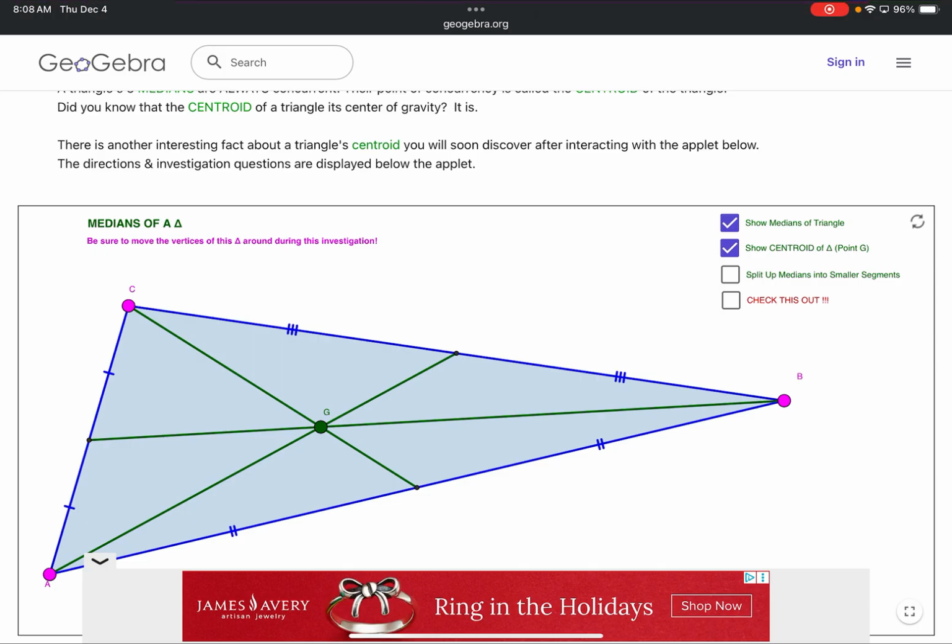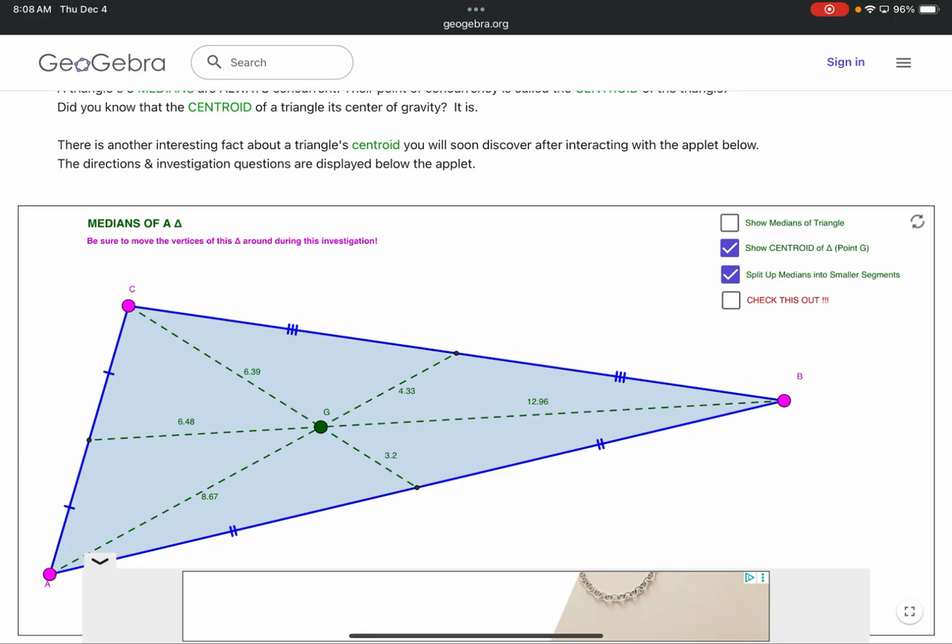And now I'm going to measure each segment that I have here. I'm going to measure this one, and basically my centroid to the outside of my triangle. I'm going to measure all of those pieces. Okay, GeoGebra does it for me. So I measured those pieces. Does anyone notice anything about the pieces?